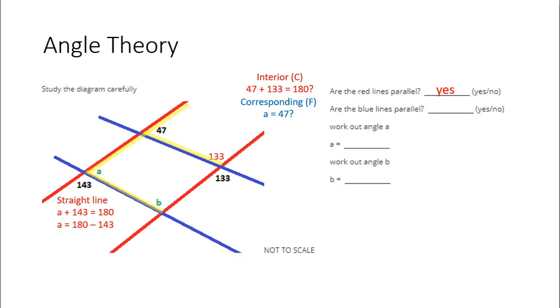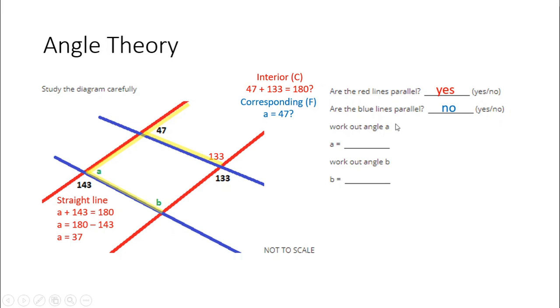Does that make A equal to the 47, fulfilling this corresponding F pattern here? A would then be 37, not 47, so no, this is not a corresponding angle to angle 47. This is not an F pattern. The blue lines are not parallel.